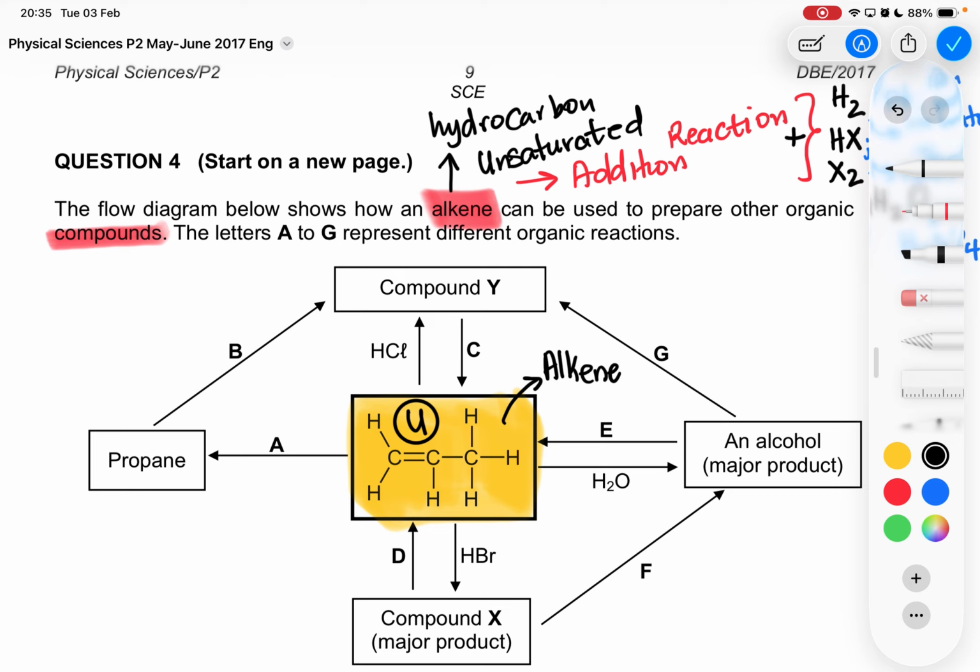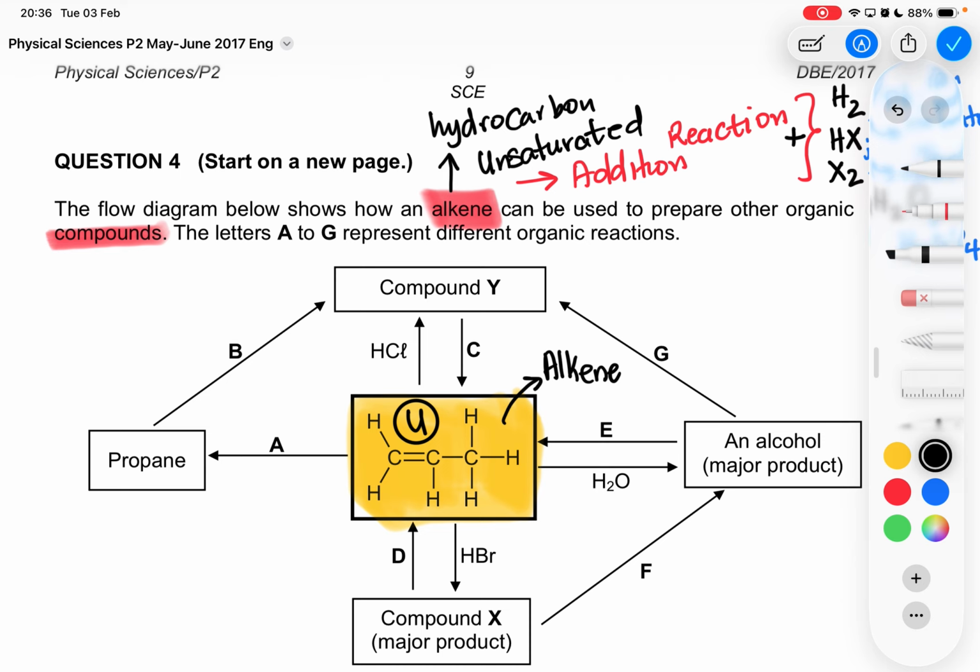So it has to do with carbons. There is a multiple bond there, a double bond. So that's why we call it an unsaturated compound. Now, I mentioned that an unsaturated compound will undergo addition reaction. So undergoing addition reaction means you must look for arrows that are going out.